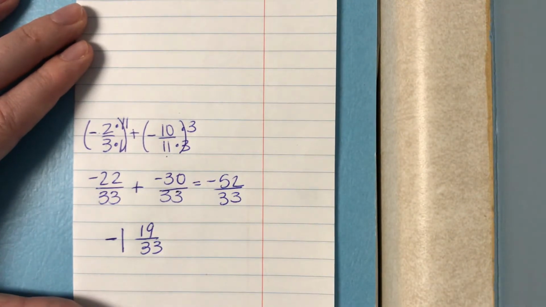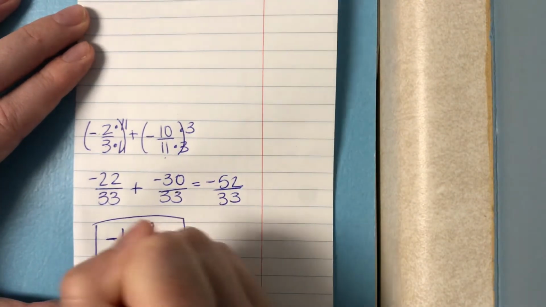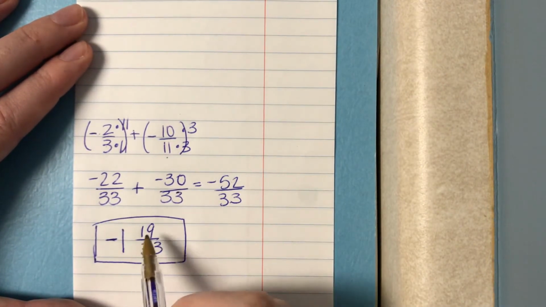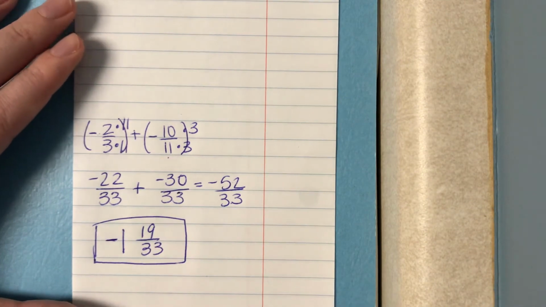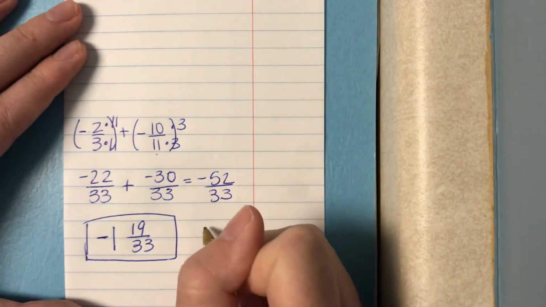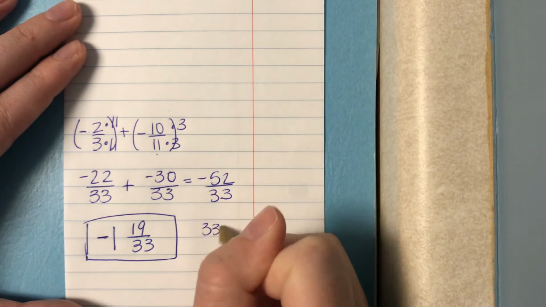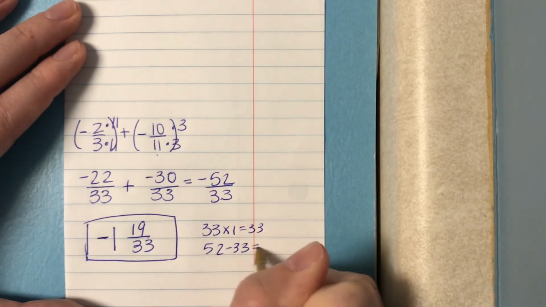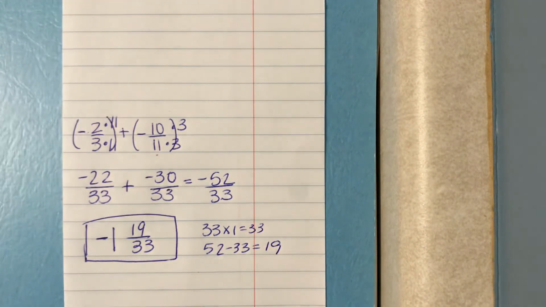So negative 1 and 19 over 33 would be my final answer. So 33 went into 52 one time, and there was 19 left over, because I did 33 times 1 is 33, and then 52 minus 33 got me to that 19 for my leftovers for my numerator.